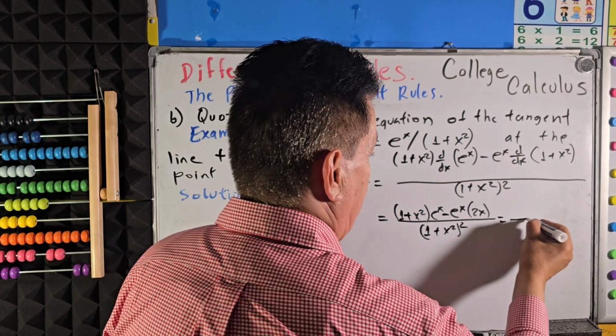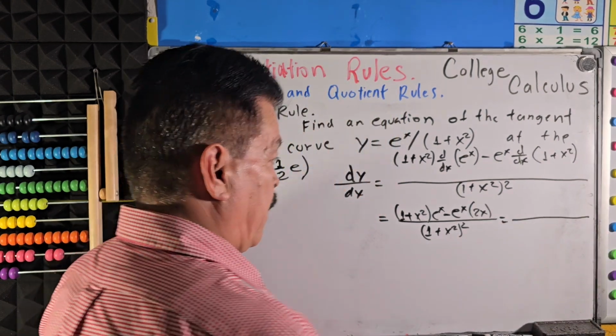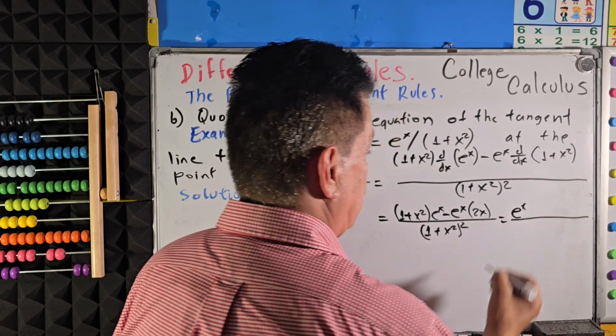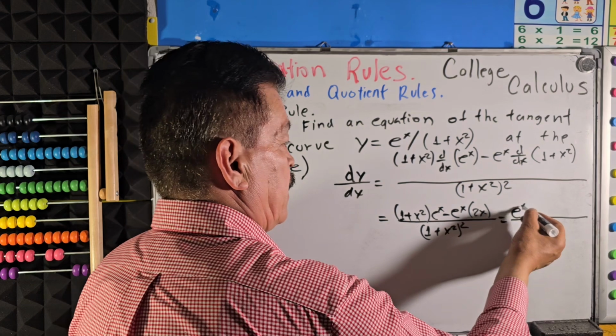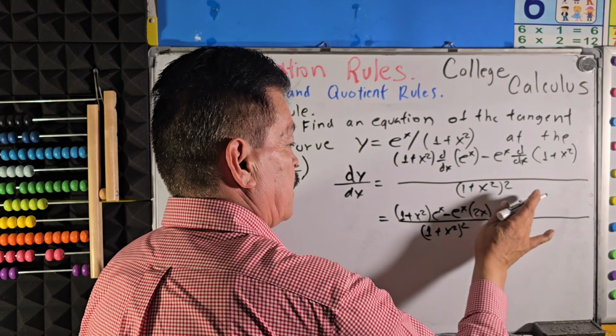We are able to simplify. We will have e to the x power right here.